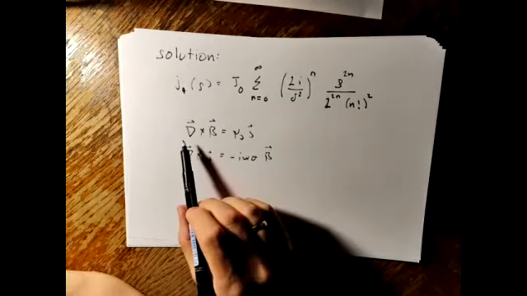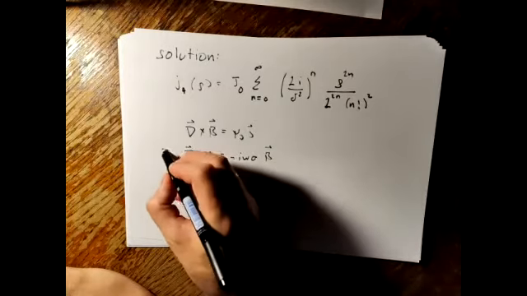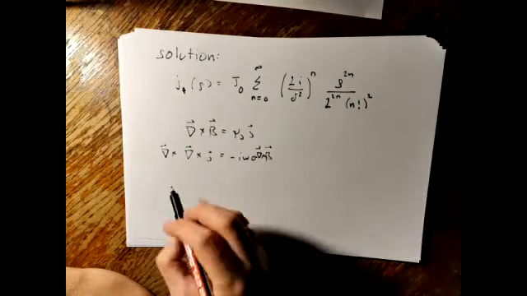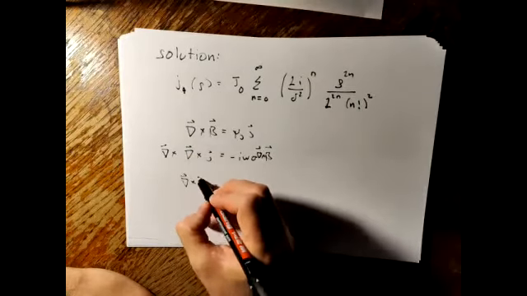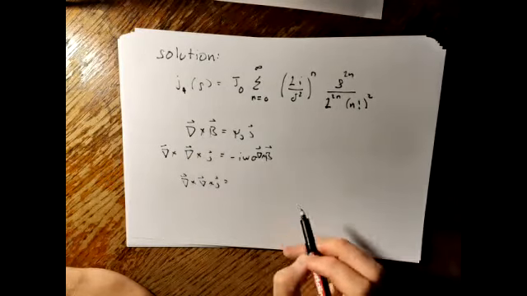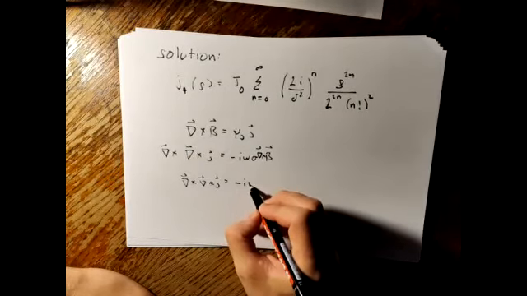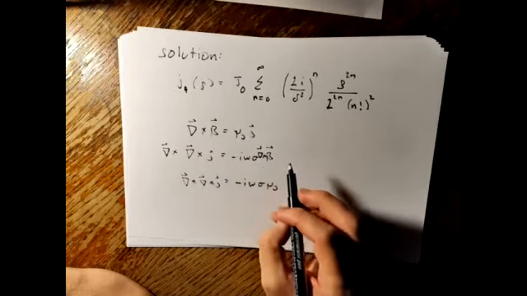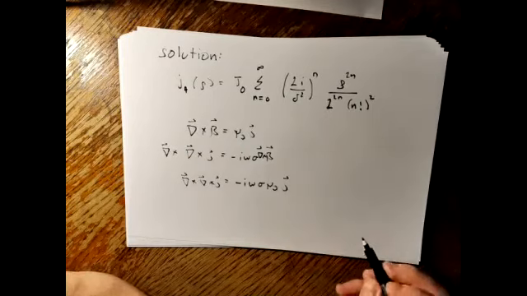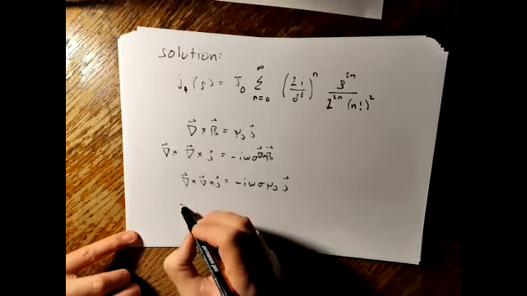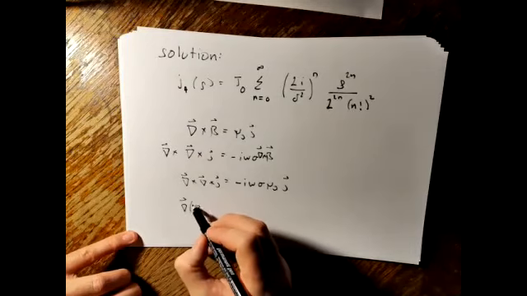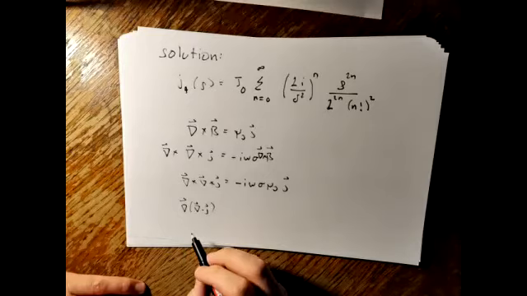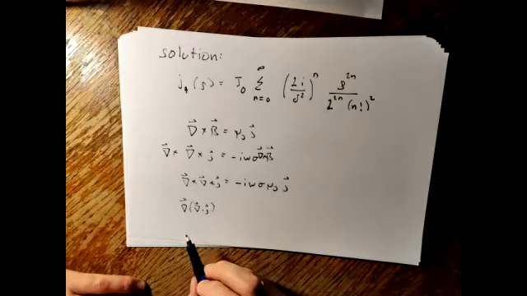You can take the curl of, for example, this one, which means you have to take the curl of B here. So your curl of J ends up being minus I omega sigma mu 0 J. Then you can say this curl is gradient divergence of J, but the divergence of J you assume is 0.